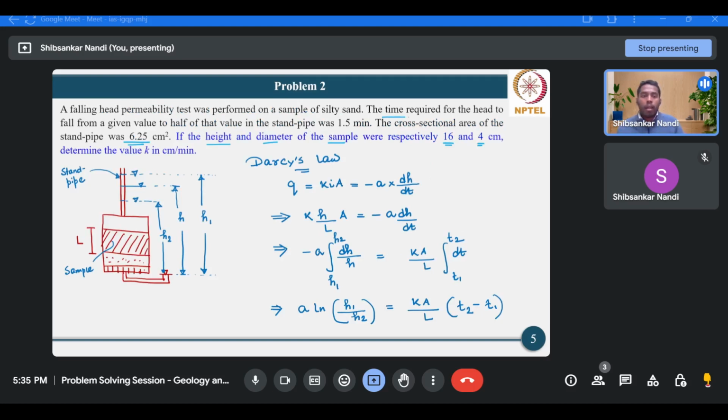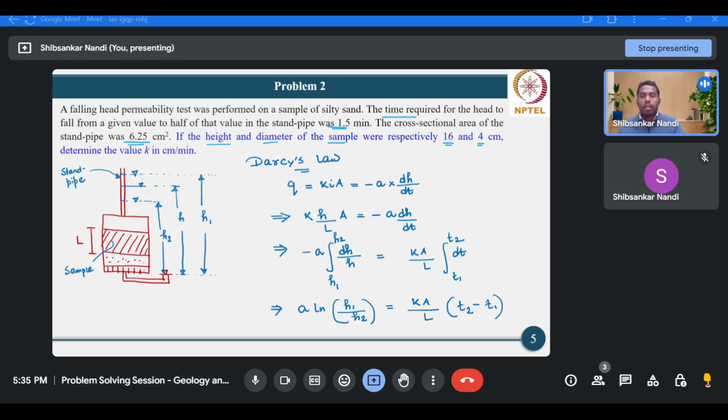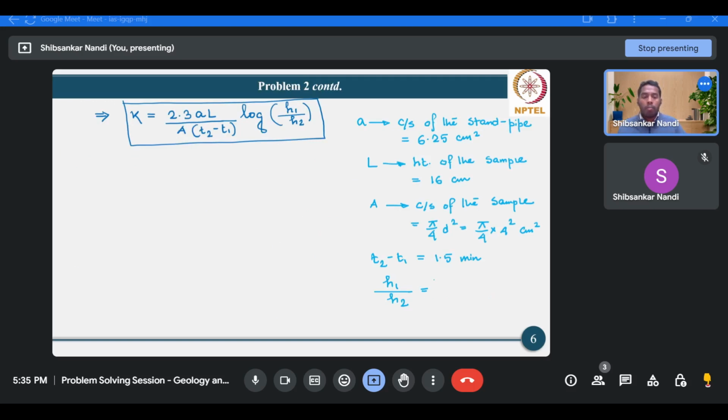The time required for the head to fall from a given value to half of that value in the standpipe was 1.5 minutes. So t2 minus t1 is 1.5 minutes, and over this time the head available at the beginning is reduced to one half of its original value. So h1 by h2 is 2.